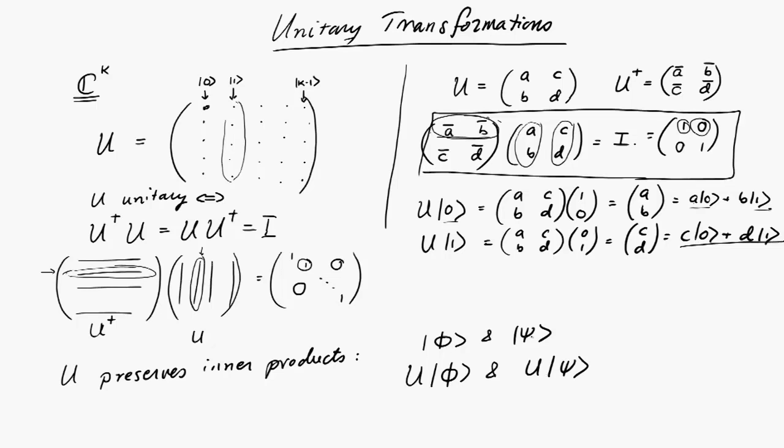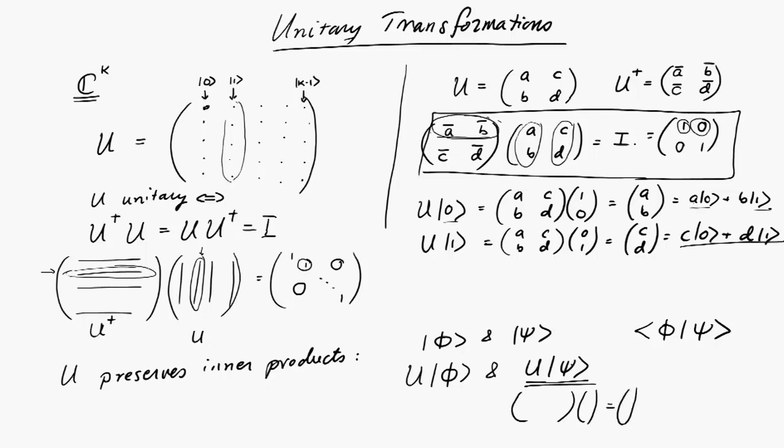Well, what's the inner product between these two? This is a ket, U times psi. It's just another vector, because U is a matrix times psi, and that's another vector.